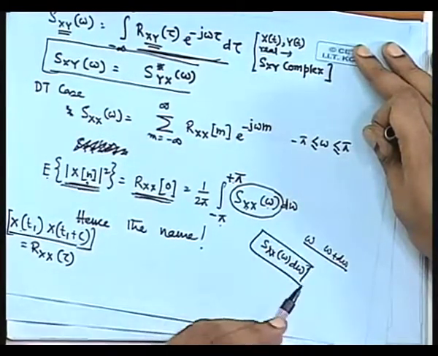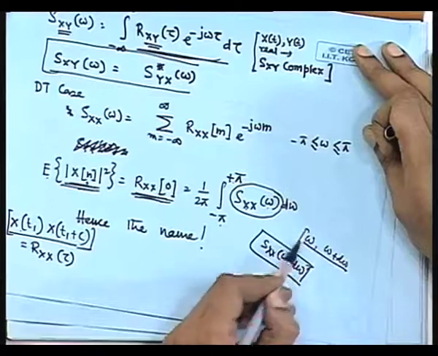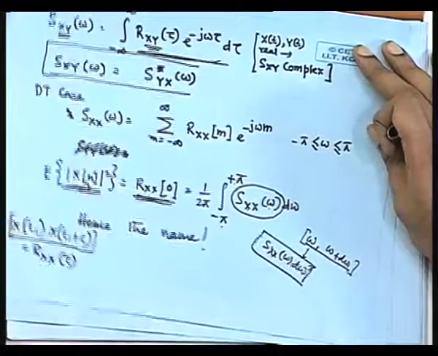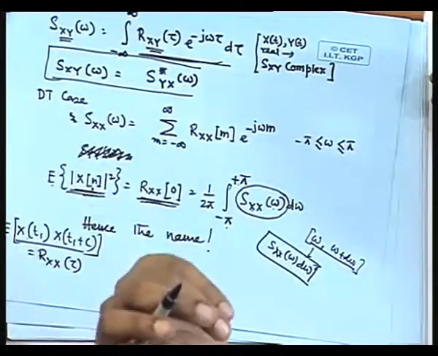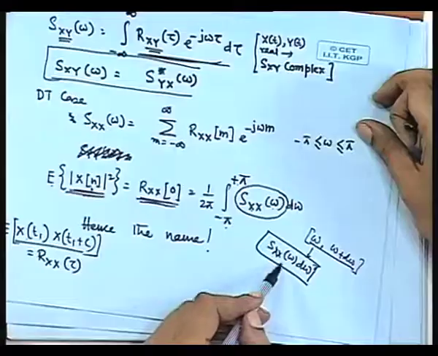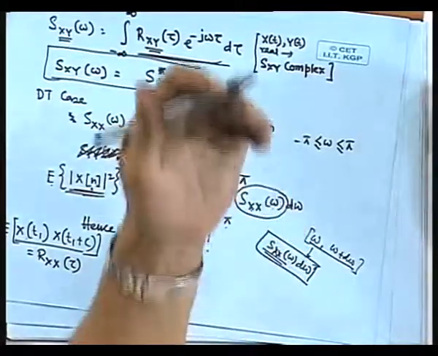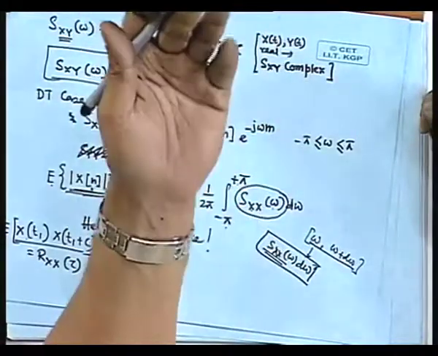This amount of energy is actually stored between the frequencies omega and omega plus d omega, because it's a continuous variable. So you cannot say what is the power at this frequency, but you can always say what is the power between omega and omega plus d omega. This is just like the probability density function says what is the probability that it lies between x and x plus dx.